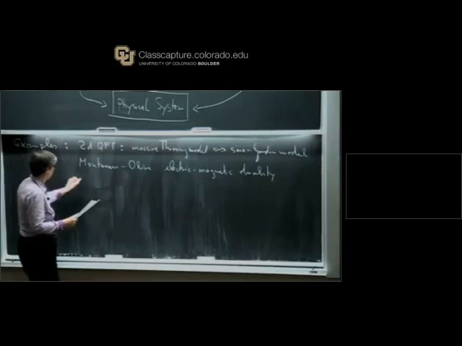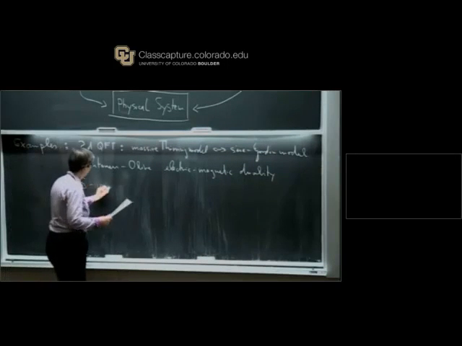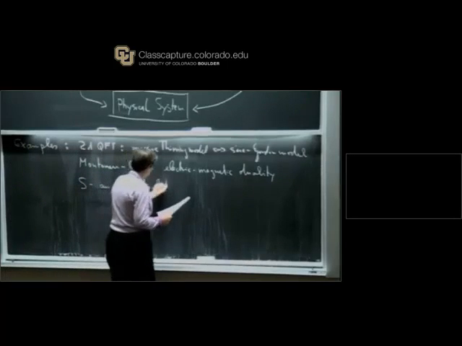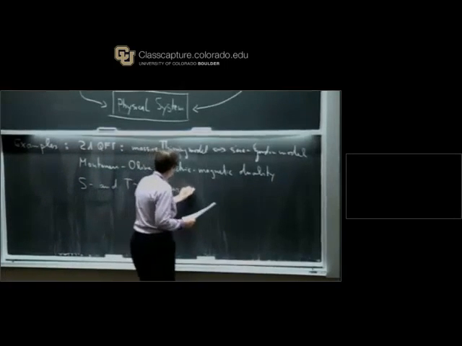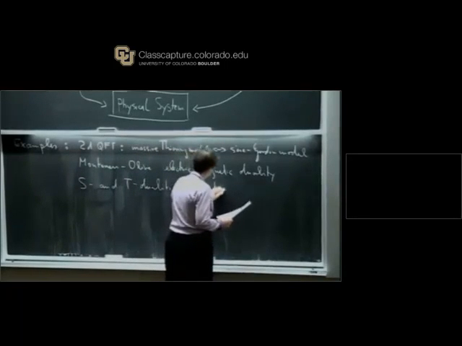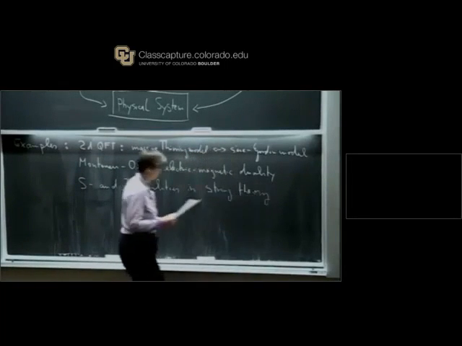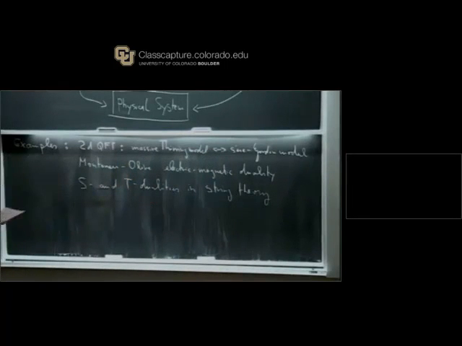And yet a third example are S and T dualities in string theory. Okay, so just to show you that this is something which is quite common in physics. And so now, what is special about gauge-gravity duality then?